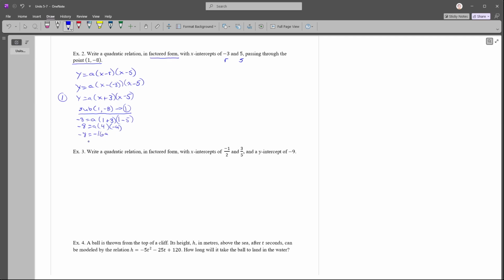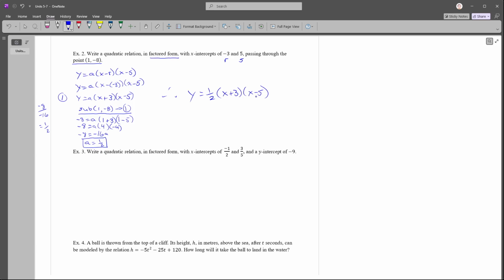So I have to divide both sides by negative 16 to get rid of it and isolate for a. So negative 8 divided by negative 16. Oh, that's just 1/2. Nice. So that means a is equal to 1/2. Therefore, y is equal to 1/2 times x plus 3 times x minus 5.